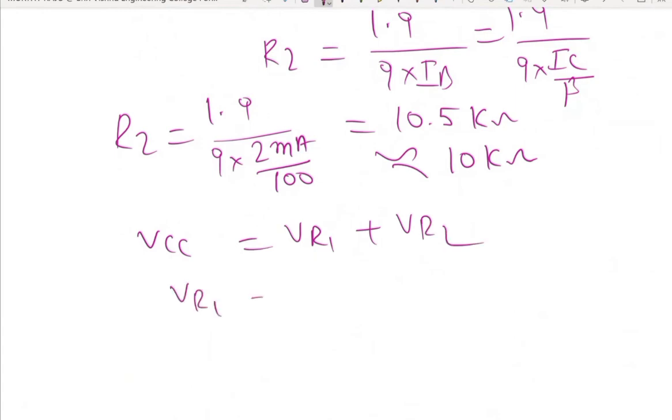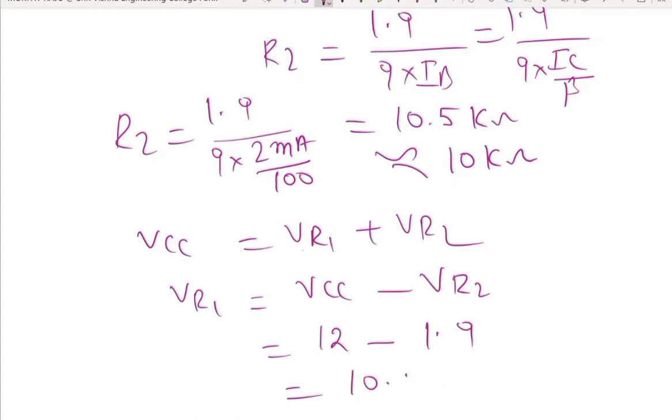From this expression, VR1 is equal to VCC minus VR2. VCC is equal to 12. VR2 value is 1.9, already determined. So VR1 is equal to 10.1.